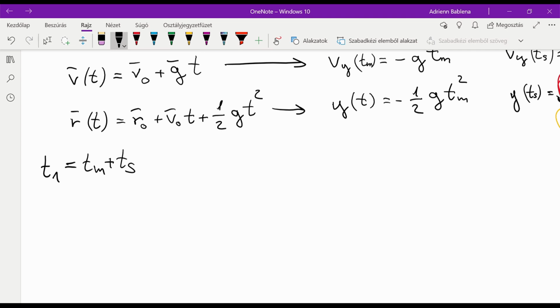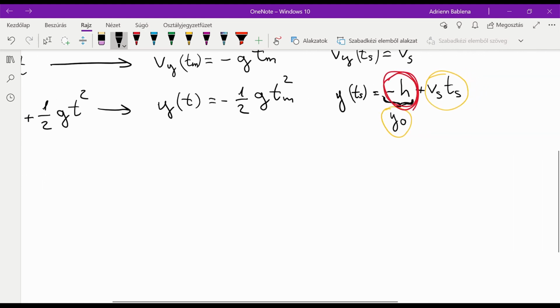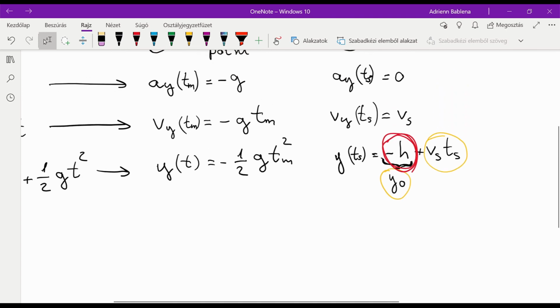So T1 is the sum of the time of the two movements, the material point and then the sound. So T1 is Tm plus Ts. That's what we know. That's okay.